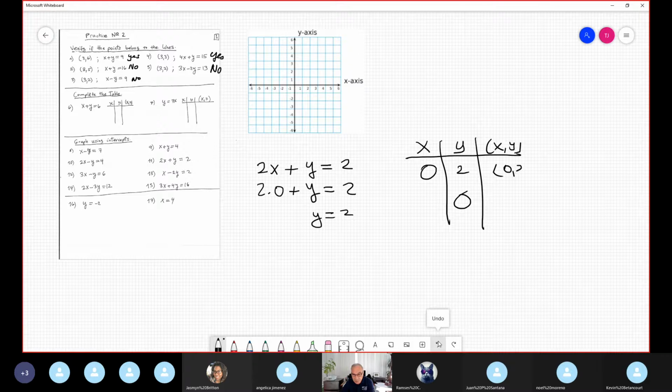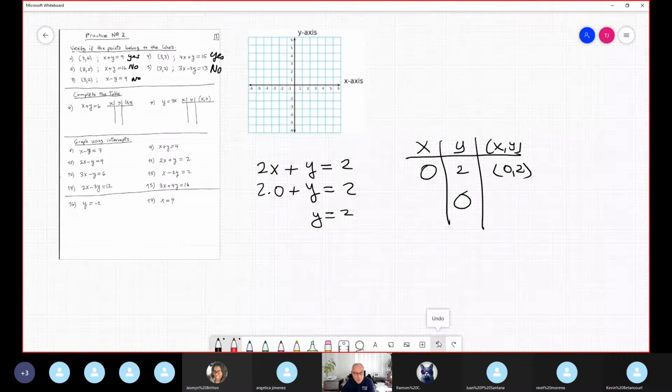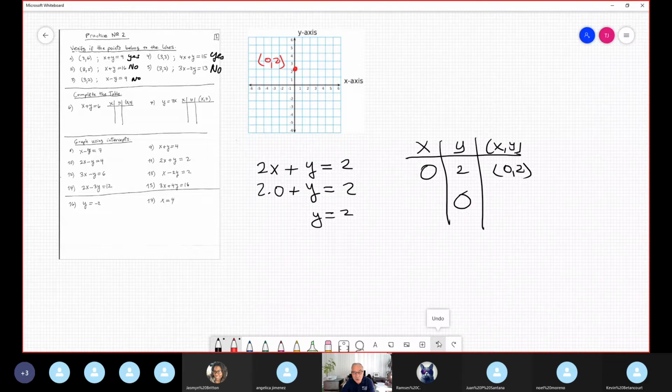The point is 0, 2. I plot that. It's here, over there. 0, 2 on the y-axis.